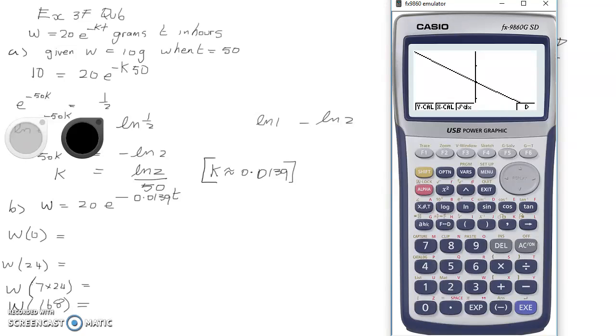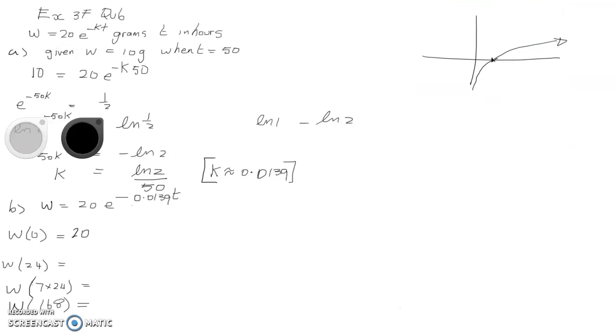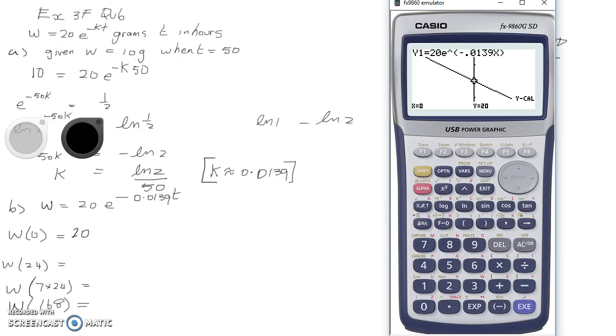So we know the time, so we want to calculate y. We know that the time is 0 and y equals 20. And with a quick check, that's correct because e to the power 0 is 1, so the answer is going to be 20.